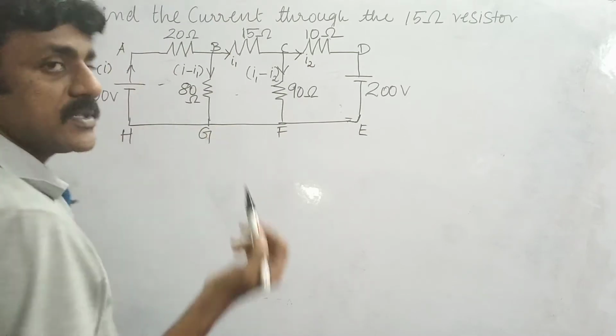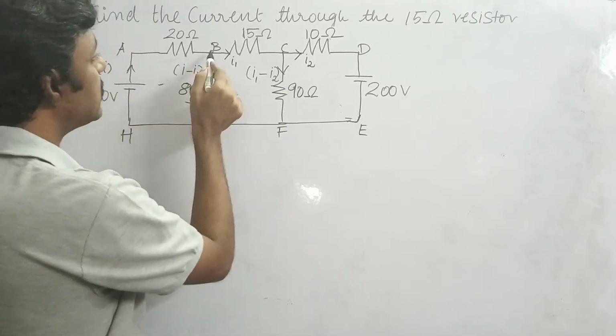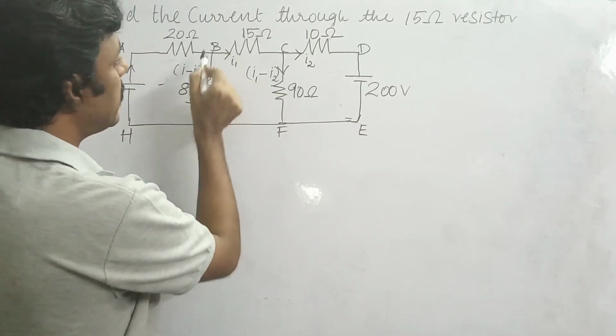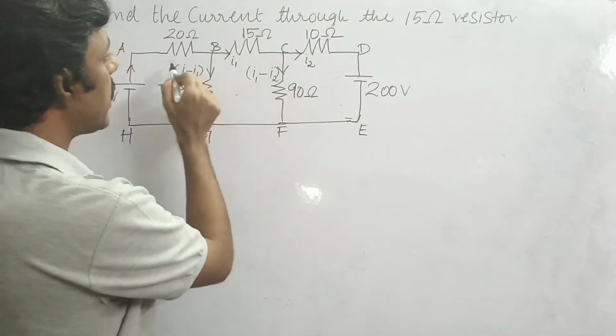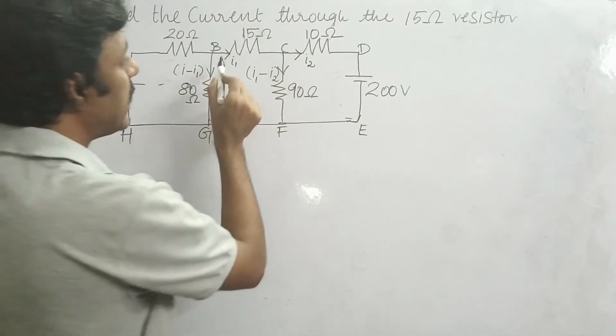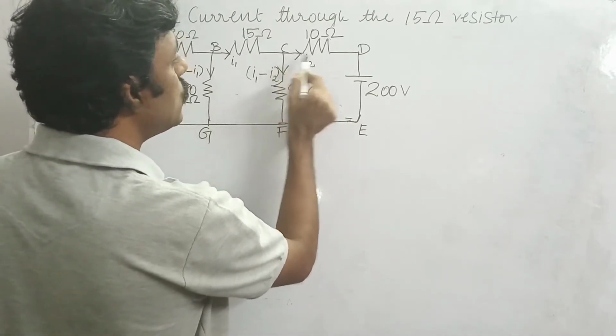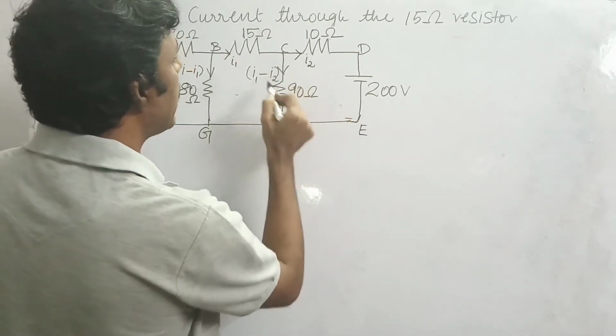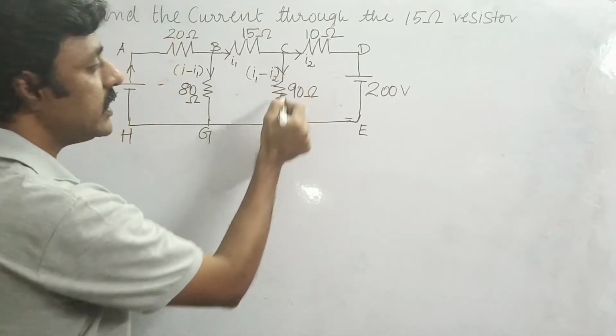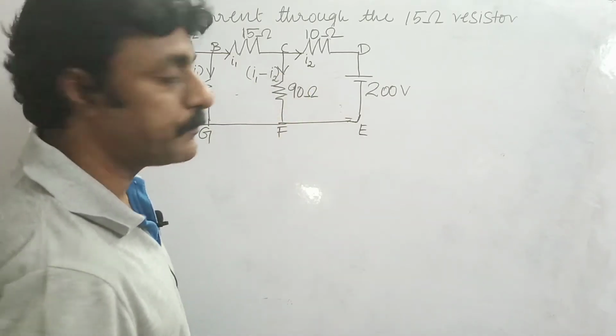Once again, I am repeating: this I current reaches point B and is divided into two currents, one is I1 and the other is I minus I1. As the current I1 reaches point C, it again divides into current I2 and another current I1 minus I2, which flows in the 90 ohm resistor branch.